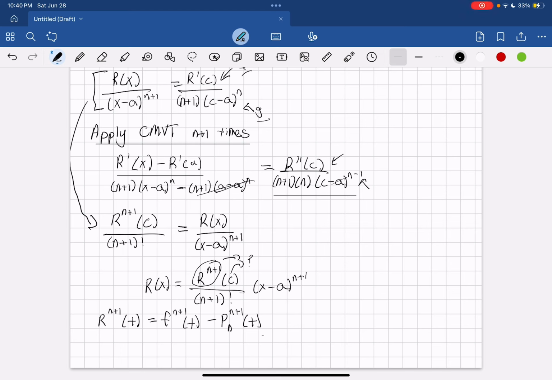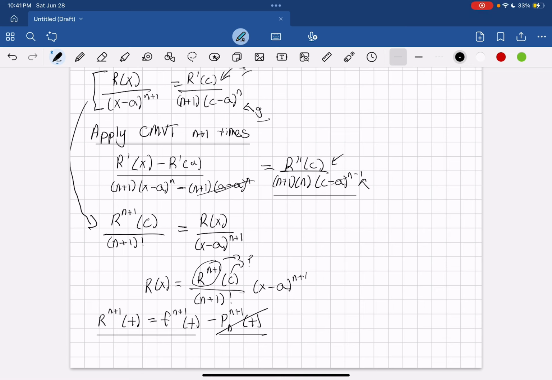And we know, because we chose the polynomial to have n terms, the n plus 1th derivative will be 0, because all terms will cancel. So now we're left with this. The n plus 1th derivative of r is the same as the n plus 1th derivative of f.